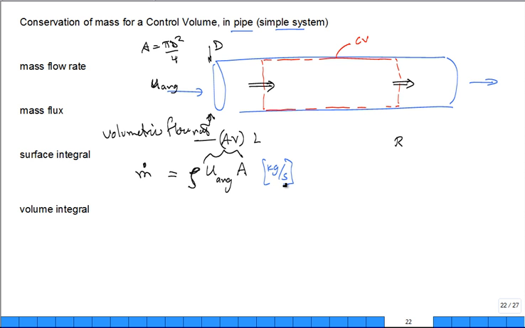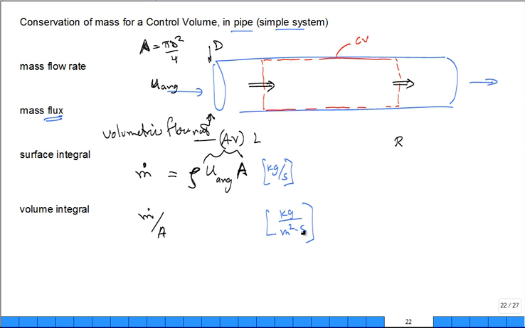True? Now there's a term called flux. If I take the mass flow rate and I divide by the area, what area? That same area right here. It's the perpendicular area, the area that the mass is flowing across. What units do I now get for this term? Kilograms per meter squared second.